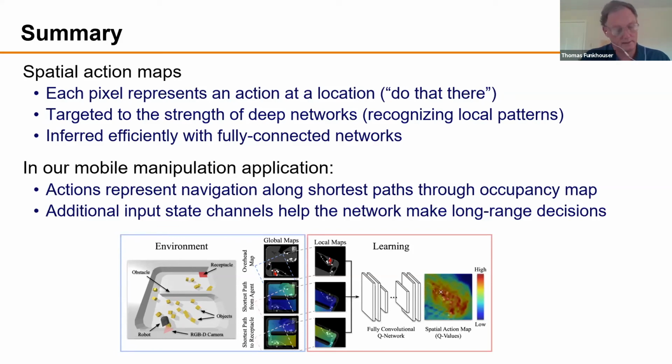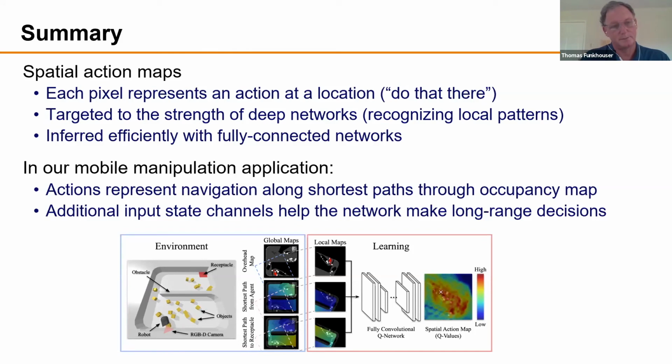And so then it can learn a pixel-to-pixel mapping directly with the deep network, which is exactly what deep networks are good at. This kind of action is appropriate for robot applications where actions are performed at locations, like do that there kind of applications, which again could include grasping or navigation or things like that.